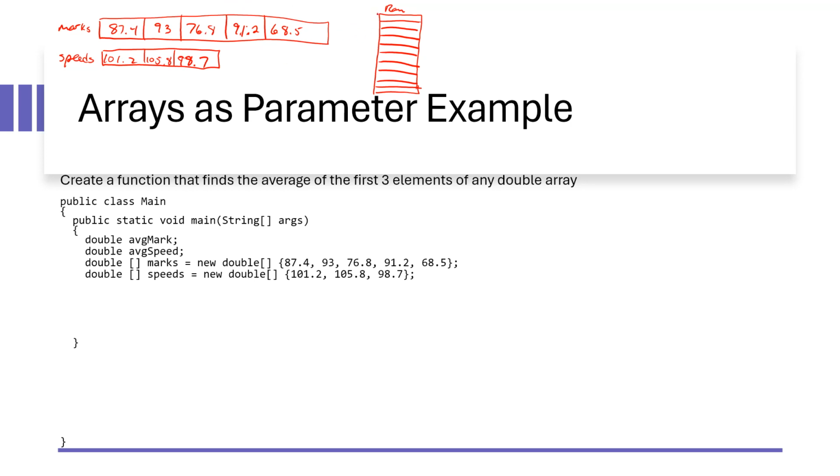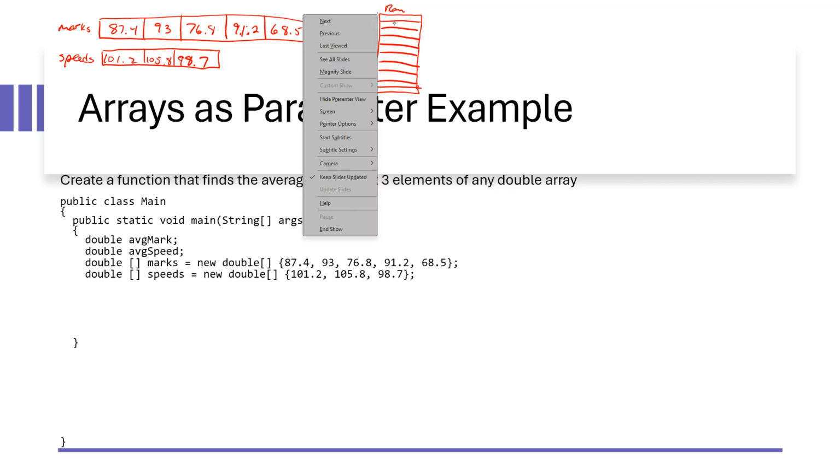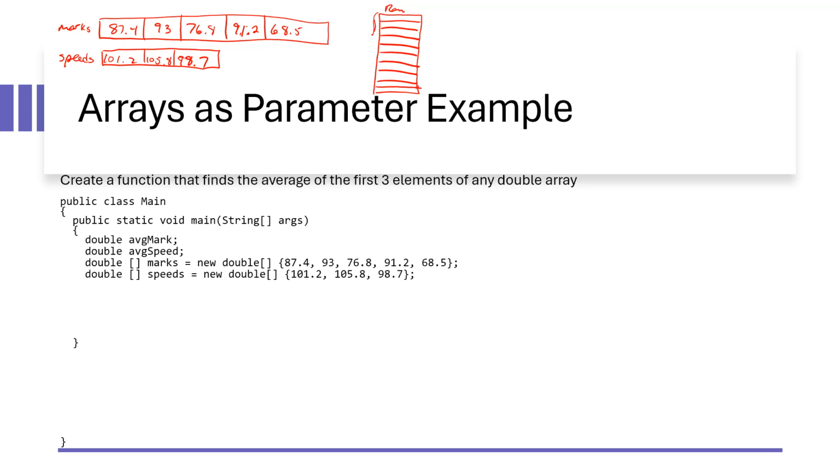So imagine it's taking up the first 5 slots, and this is called marks. And it fills these slots up. So we have our 87.4, our 93, our 76.8, our 91.2, and our 68.5.